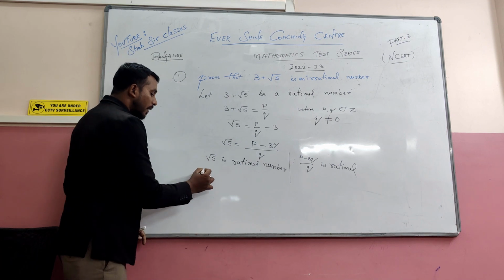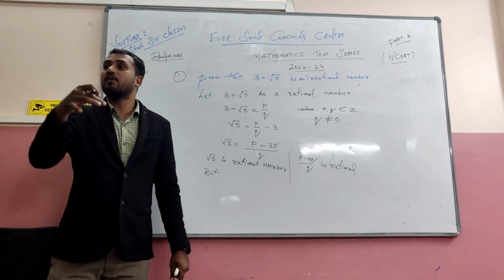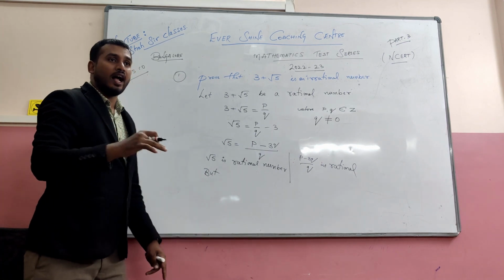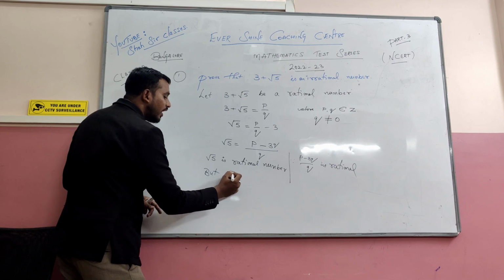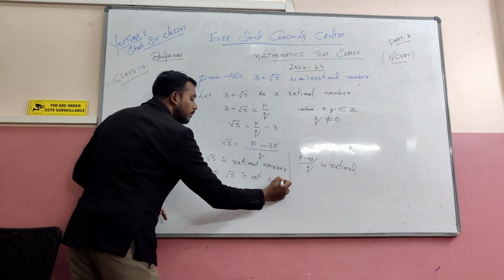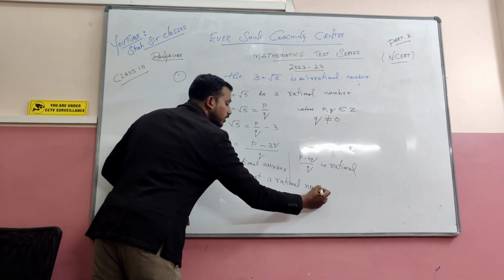But if you consider our mathematics, if you simplify the value of root 5 by using your calculator, we get to know that root 5 is not a rational number. Later we got to know by the calculation what?